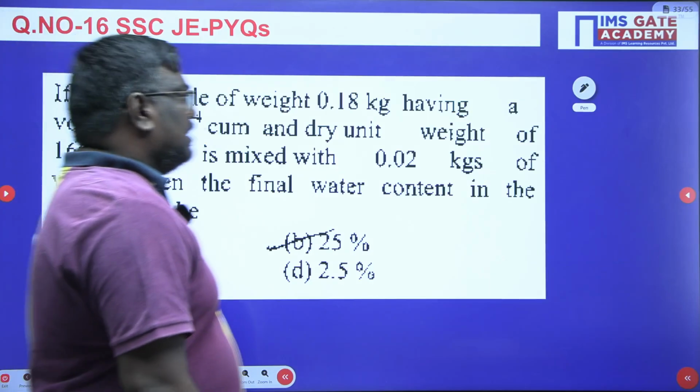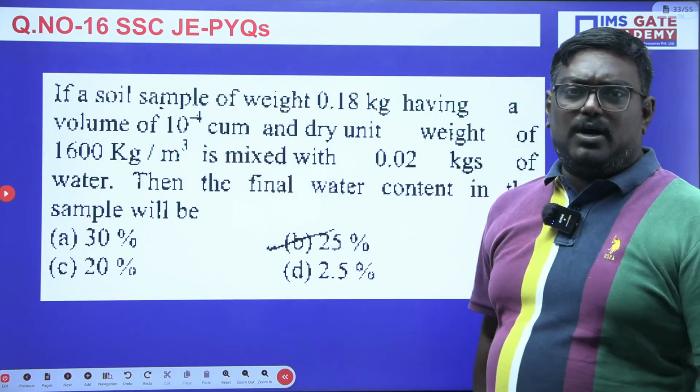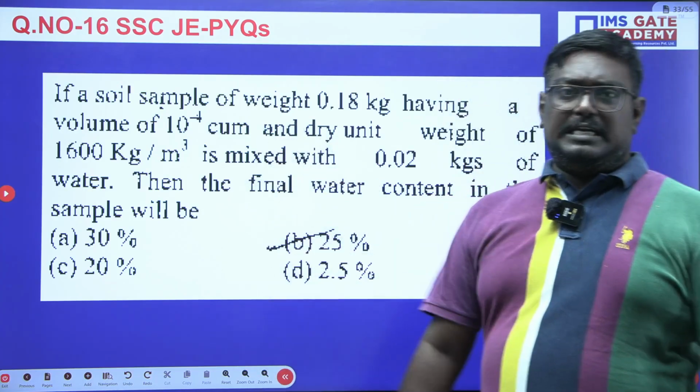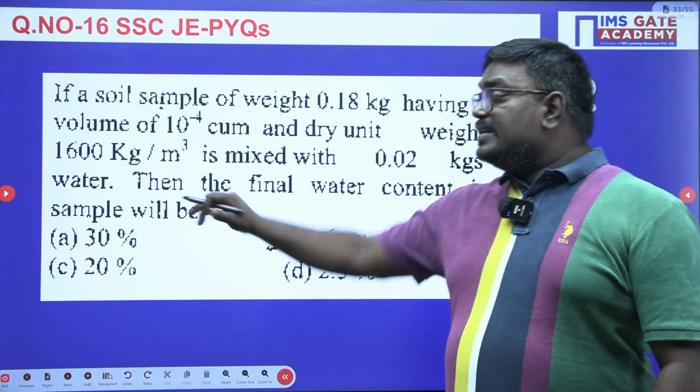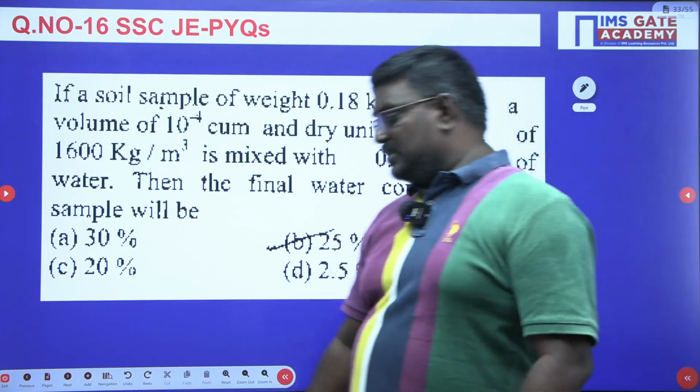Now, see students, if a soil sample of 0.18 kg, having a volume of 10 power minus 4 meter cube and dry density of 1600 kg per meter cube, is mixed with 0.02 kg of water, then the final water content of the sample will be?